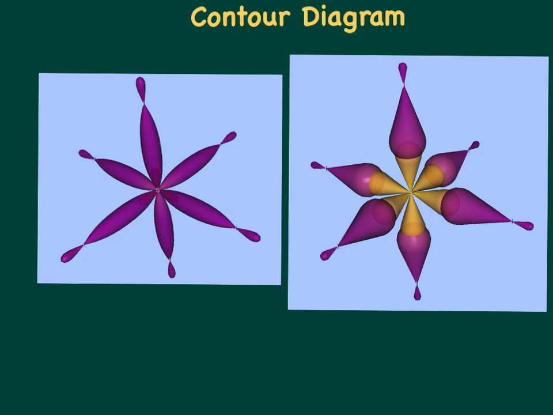Going from this state, we now have to draw the contour diagram in the next slide. But of course, not forgetting that this is still an octahedral shape, and that our octahedral shape has 90-degree angles.